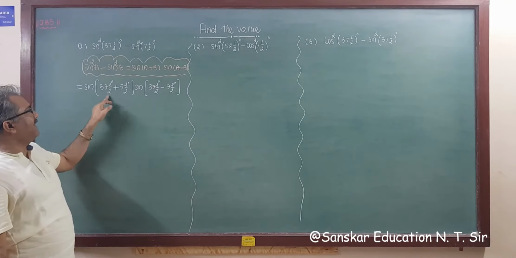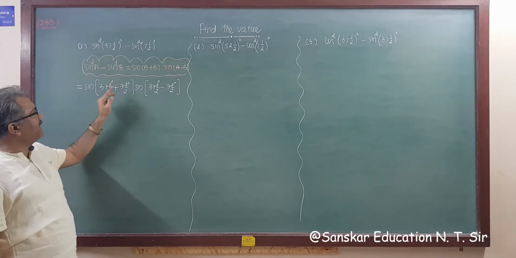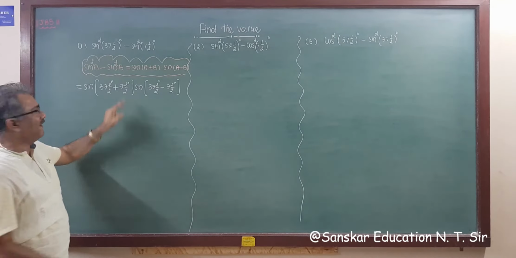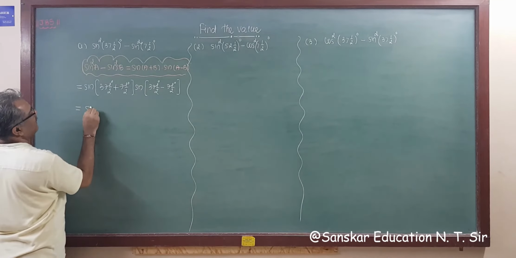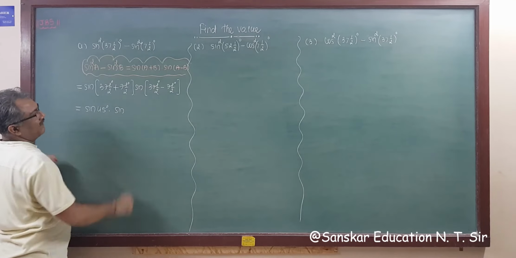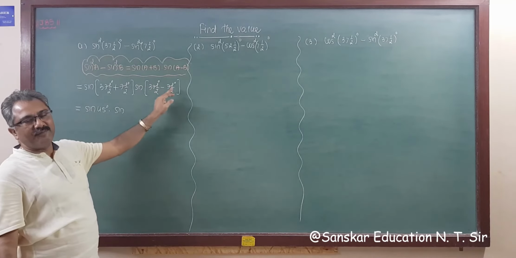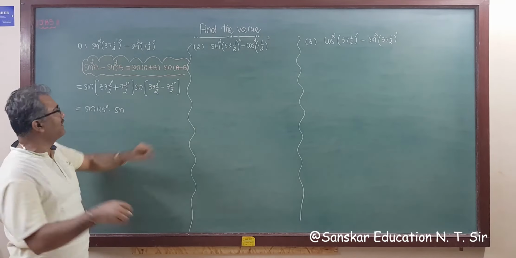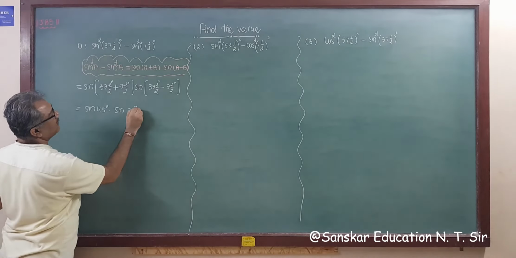Adding, 37.5 plus 7.5 is 45, so this is sin 45 degree into sin 30 degree.